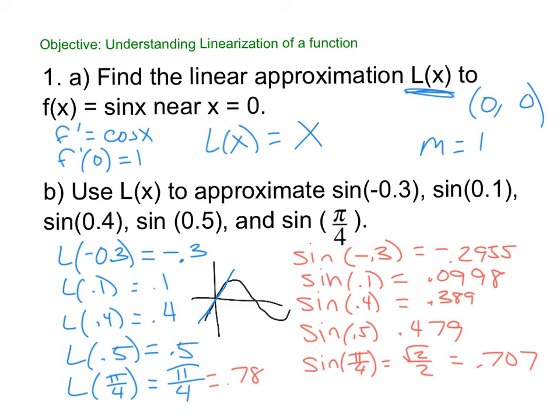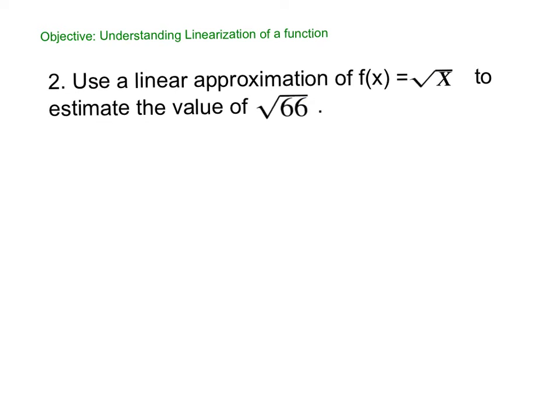So when we're getting to pi over 4, which is here, I didn't do a very good job graphing this, there's going to be a larger difference between the actual function value and the linearization.